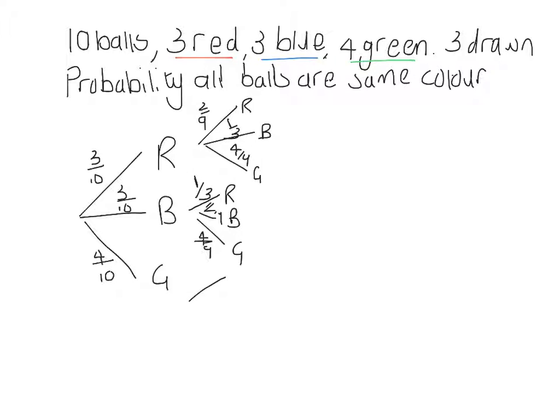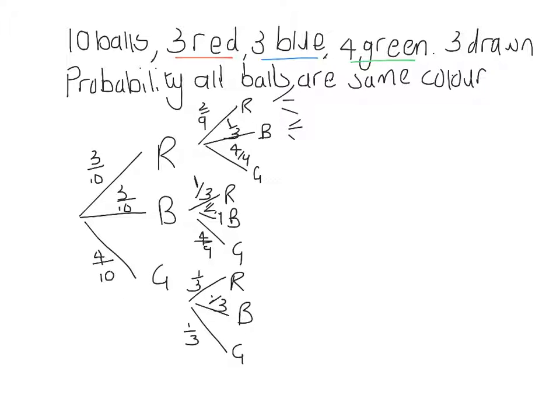If it was a green one originally, you pull again, so then you will have a third chance that it will be red, a third that it will be blue, and a third that it will be green. Okay, now I'm going to pull it again. I'm kind of running out of space, but you can see what's going to happen.